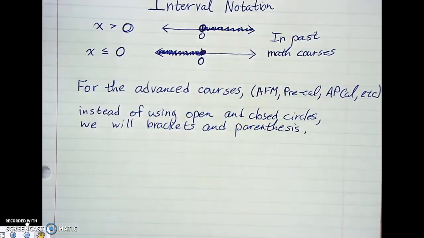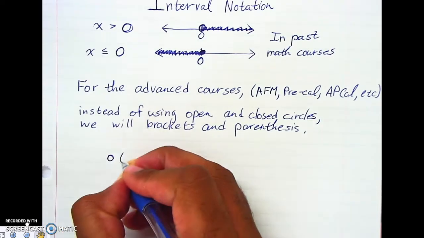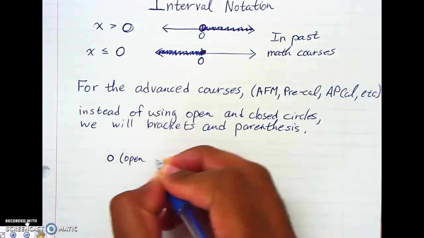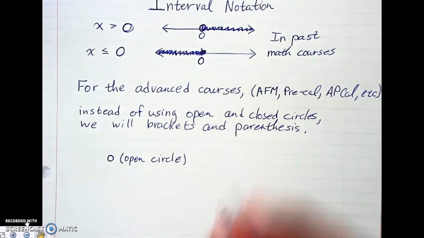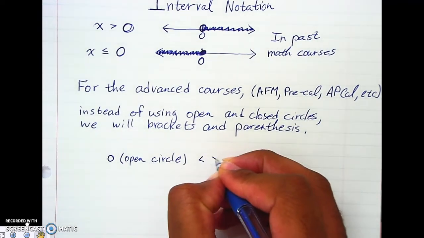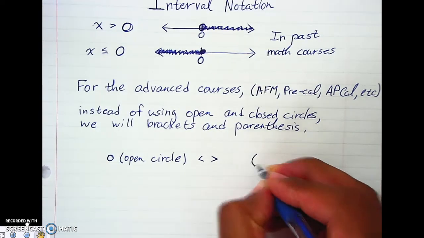And so, to match up the correct pieces together, if we were to have an open circle, which we know is the less than or greater than sign, instead of using the open circle now, we are going to use parentheses.